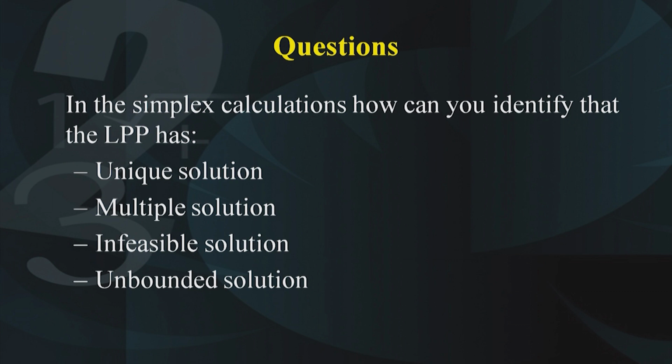Remember, all these cases we had discussed when we were studying the graphical method, but the graphical method is only for a two variable problem. However, in the simplex method and the big M method, we can solve an LPP in any number of variables. So, how to identify all these four situations in the simplex calculation needs to be known.